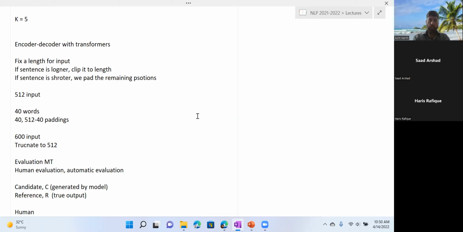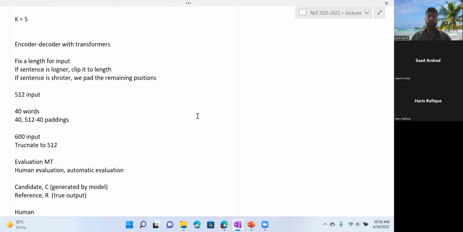The true translation is he studies at LUMS, and that's the reference translation. Let's say the system generates he studies in LUMS. That is C, generated by our system, and the true is he studies at LUMS. So these are the two outputs that you typically get.